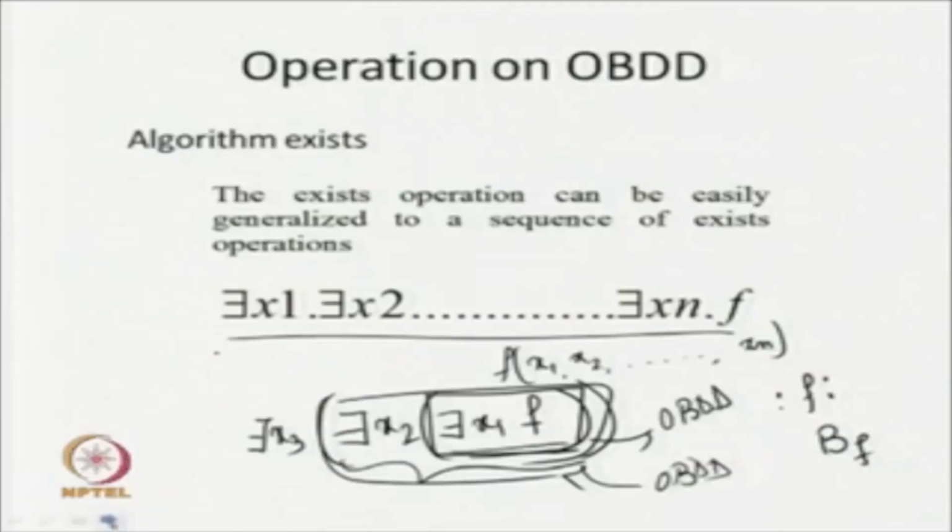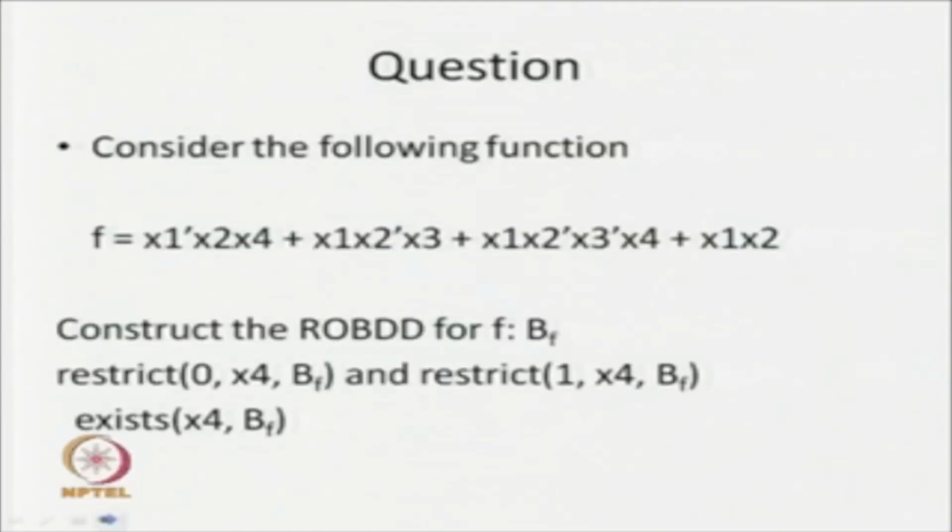Okay. So, we have seen some algorithms till now. First, we have seen the BDD, binary decision diagram, then eventually we have come to the ROBDD, the reduced order binary decision diagram.